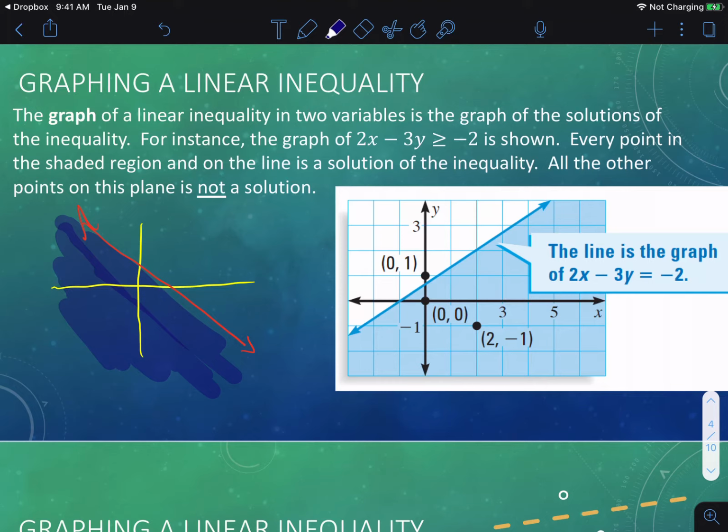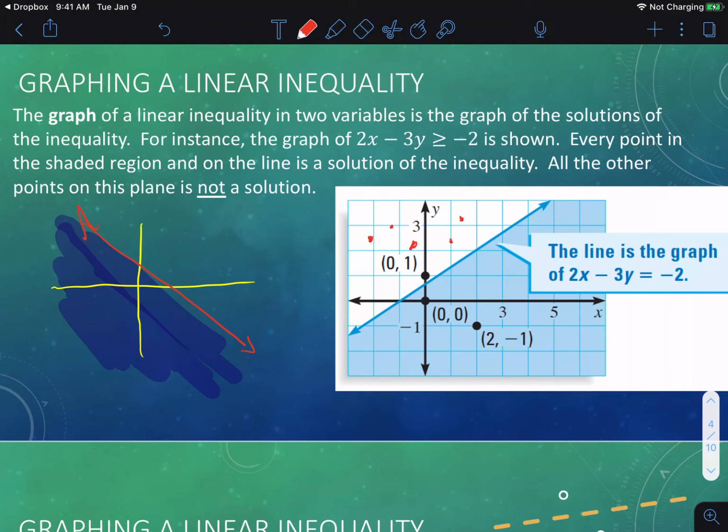So every point in the shaded region and on the line is a solution of the inequality. All the other points on this plane are not solutions. You need to understand that. All the points over here in this white area are not solutions to that graph. We plugged them in earlier, and you'd be testing those and saying, nope, those are not solutions.